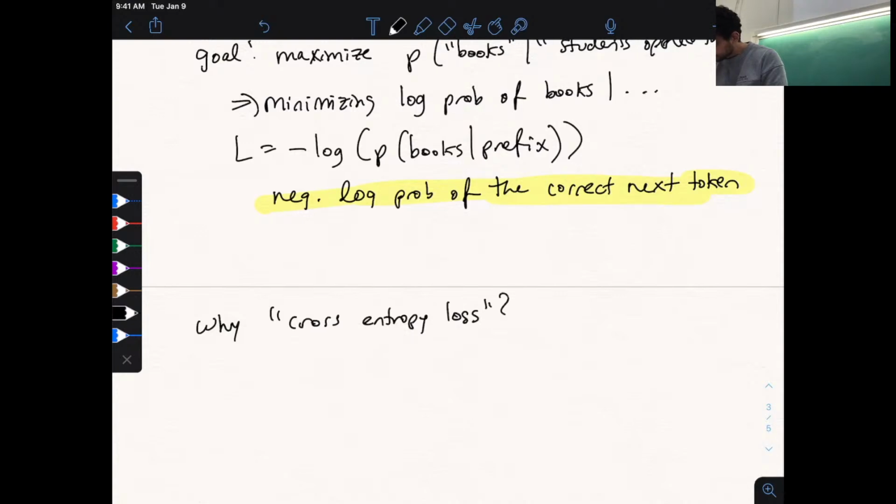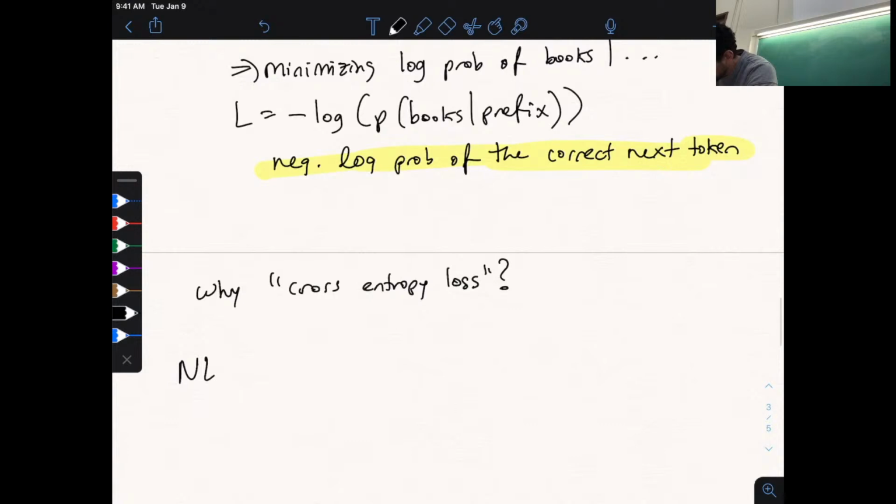And let's take a look at two different distributions here. We have the model's predicted distribution. So let's say that we have our model, I'll just write it out here, NLM of students opened there. So this means I'm putting this prefix into my, say, concatenation-based language model.